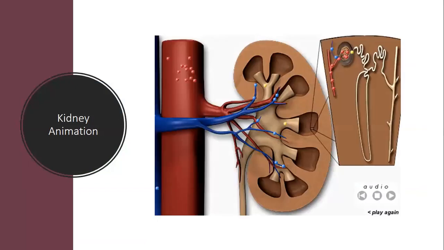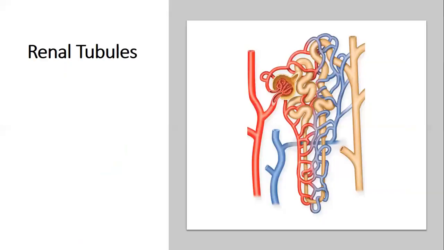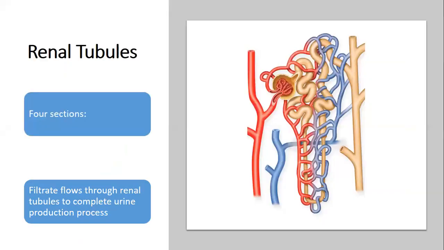This is the kidney animation. There are 4 sections of the renal tubules: the proximal convoluted tubule, the loop of Henle, the distal convoluted tubule, and the collecting tubules. Filtrate flows through the renal tubules to complete the urine production process.